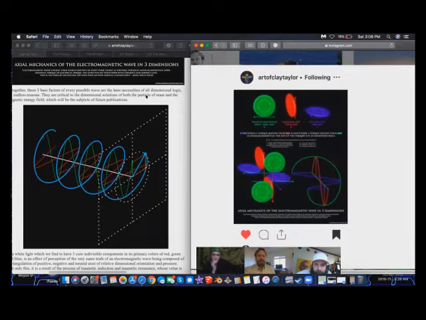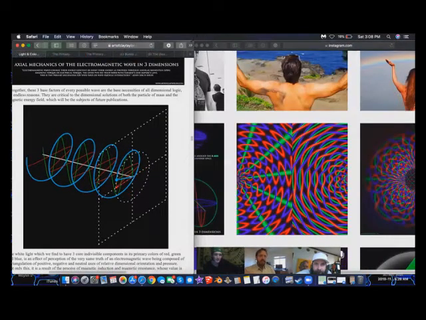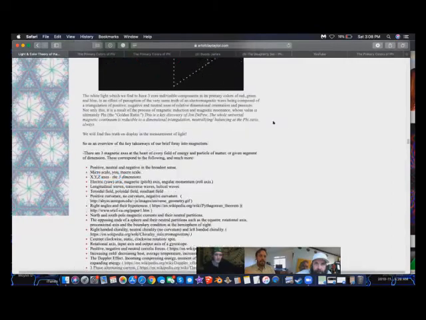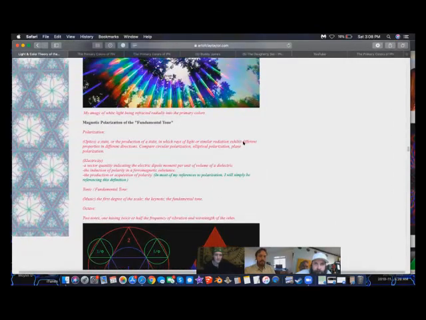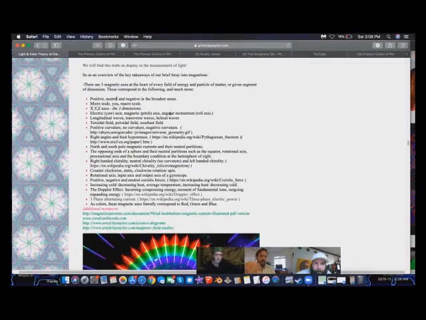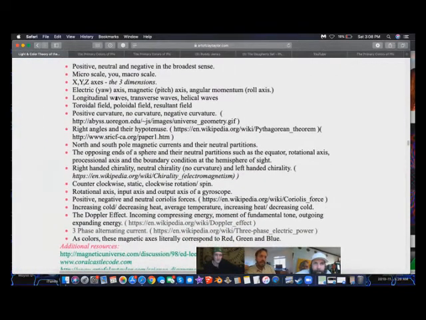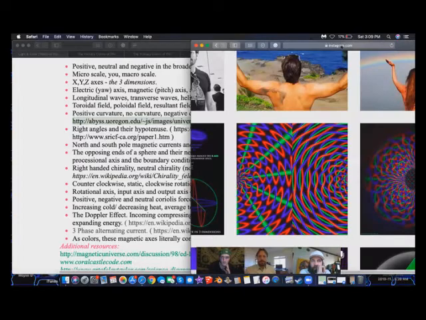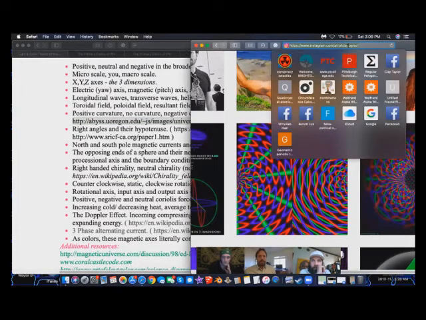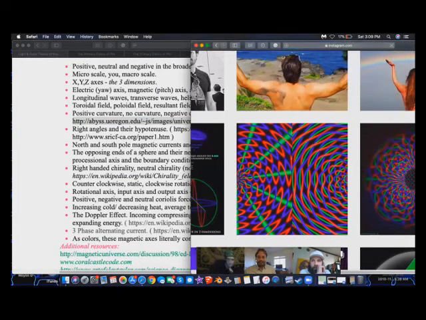Scroll down a little bit on the left one. I kind of break down some of the ways you can describe it right here. So an overview, go up a little bit. If we're talking about three things, we're basically talking about positive, negative, and neutral, right? I think these are concepts everybody who works with this should have in their minds at all times. Positive, neutral, and negative in the broadest sense. I'm talking about micro scale, macro scale, right? We're talking about the X, Y, and Z axes, the three dimensions.